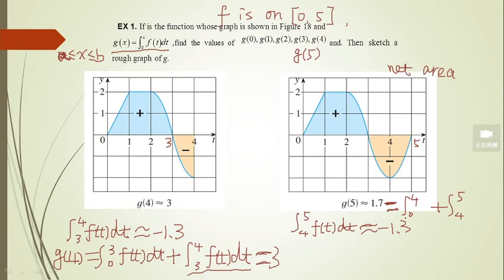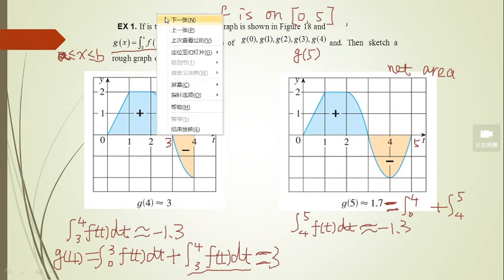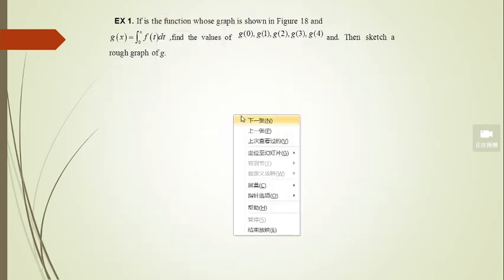We get several values for g, right? Like g(0) is 0, g(1) is 1, g(2) is 3, g(3) is 4.3, g(4) is 3, g(5) is 1.7. Then with those values, we can get a rough graph for function g.